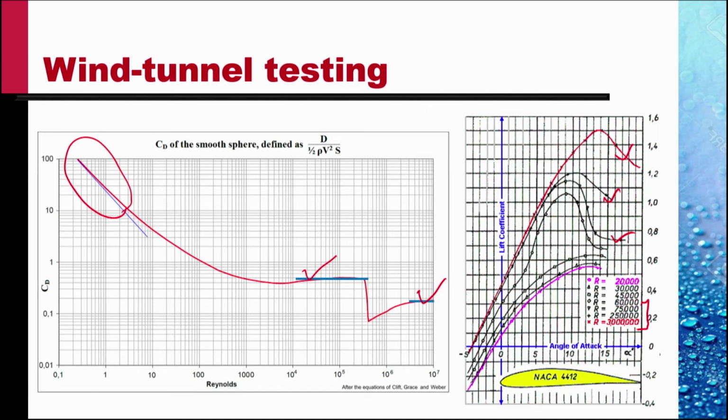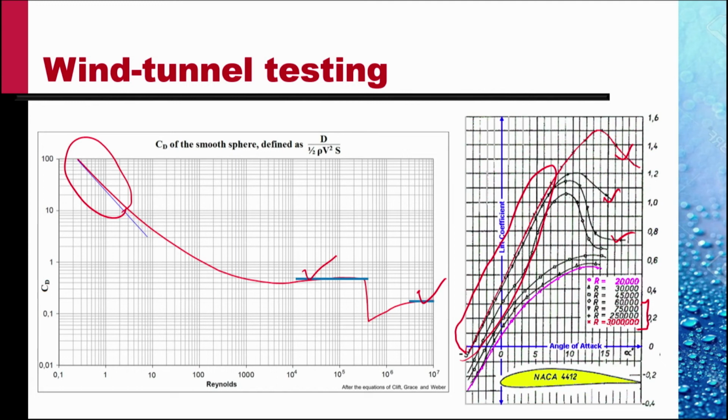And over this region of alpha, the three curves are almost coinciding. Again confirming the fact that the lift coefficient is quite independent of Reynolds number in this range of Reynolds number.